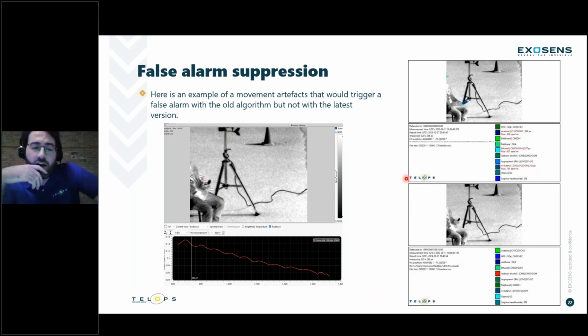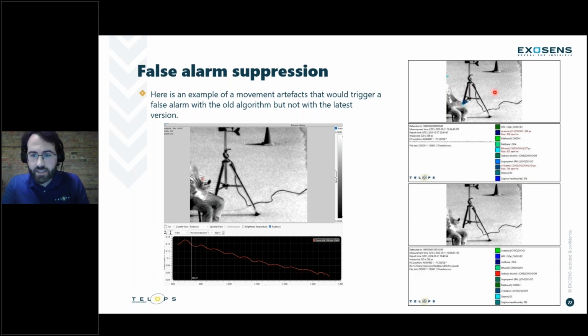Here's an example of that movement false alarm. So that third issue that I was mentioning. So we see that weird pattern that's created with the broadband image. And we can see in the data, we have that slight oscillation that occurs, and that will create some false alarms in the detection algorithm.